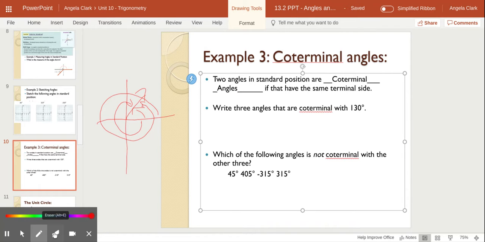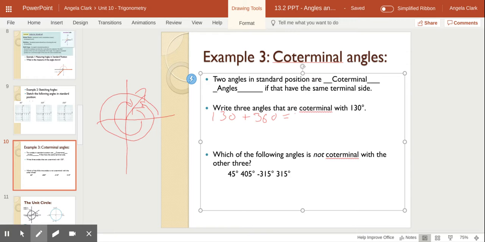All of this is in degrees though, but it would be the same just with 2 pi if you're in radians.